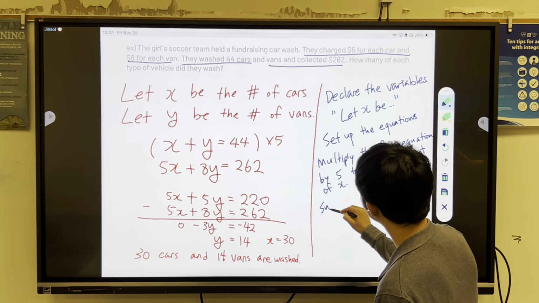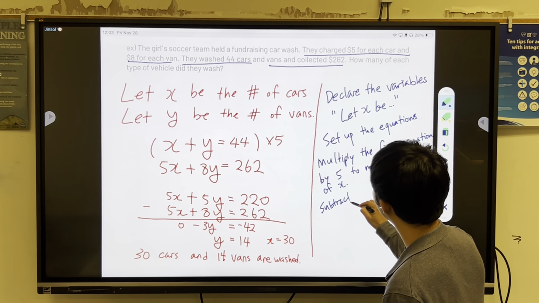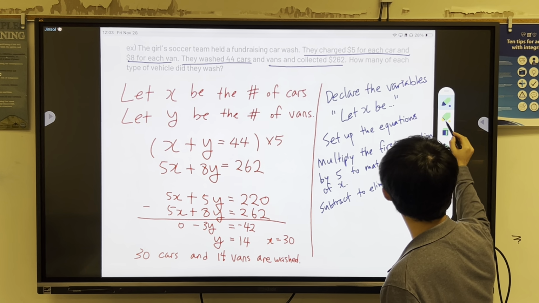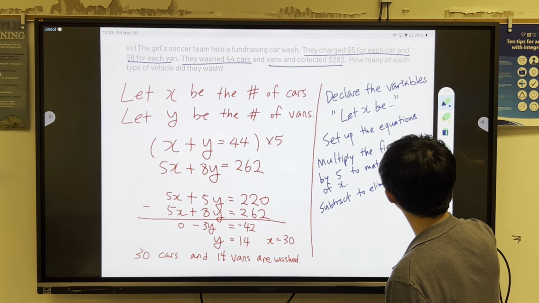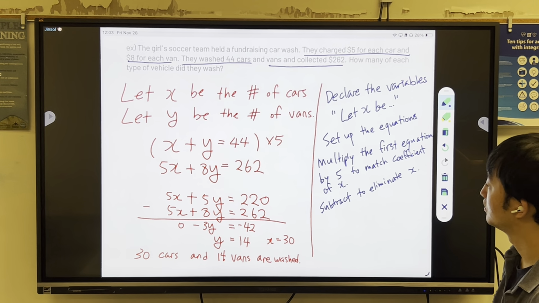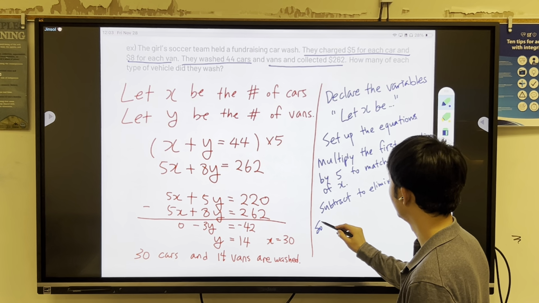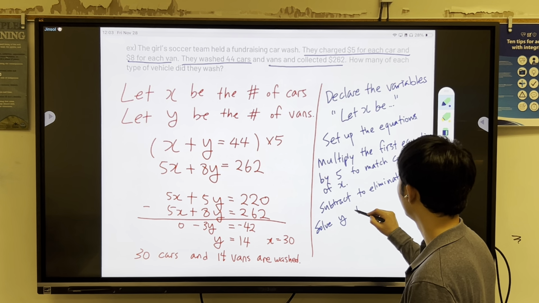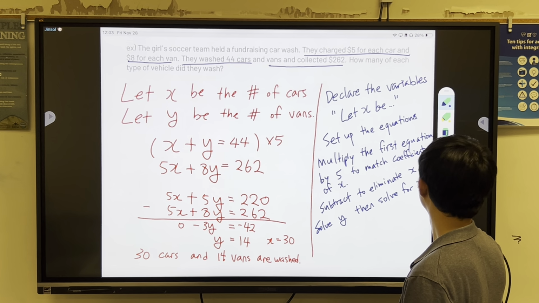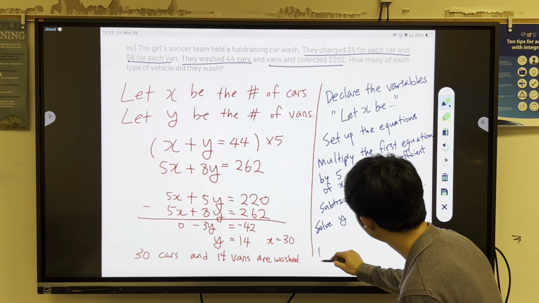Afterwards, I subtract to eliminate. And I solve for y, and then solve for x. And answer the problem.